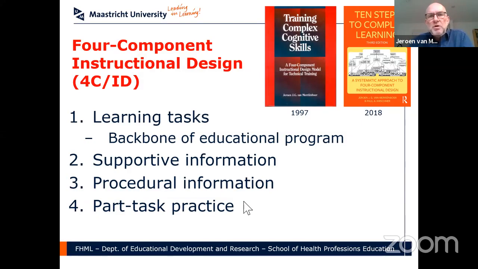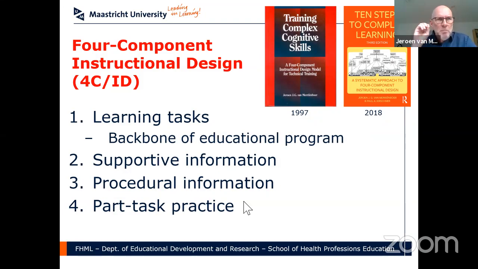The book Training Complex Cognitive Skills, which is mainly a psychological description of the background of the model, and the book 10 Steps to Complex Learning, that is now in its 3rd edition. And this book provides a more applied view on the model, explaining how to develop education that is based on the 4 components.